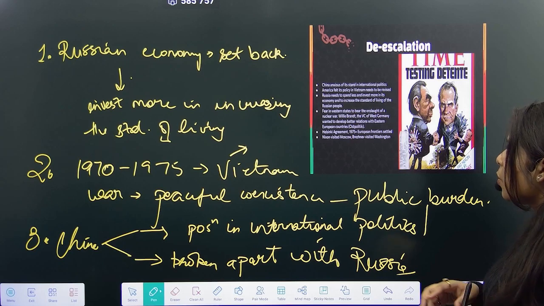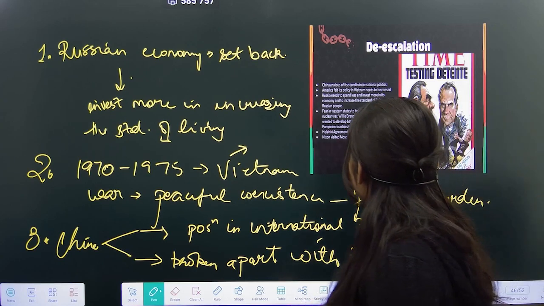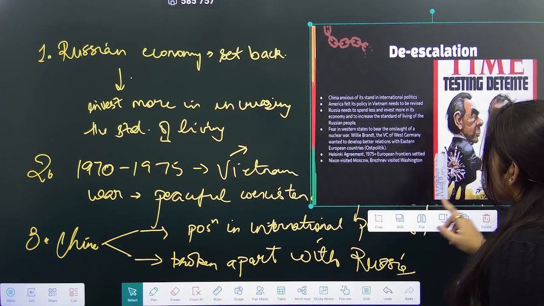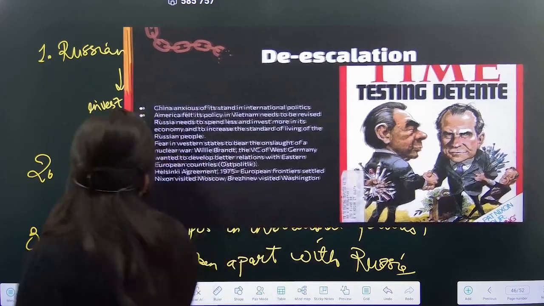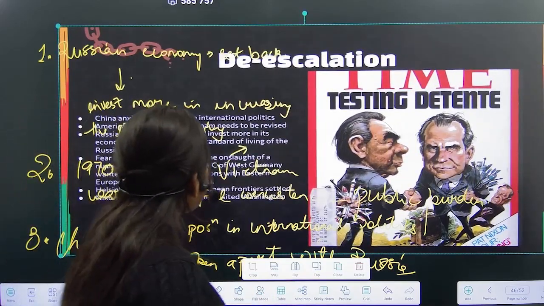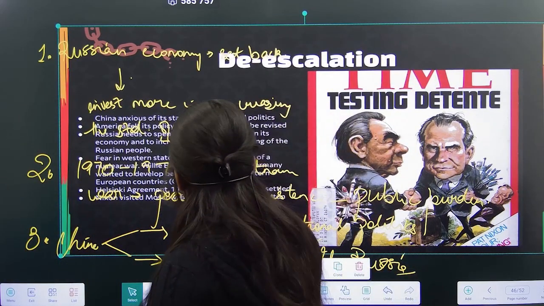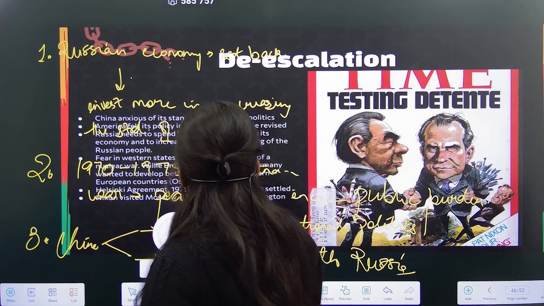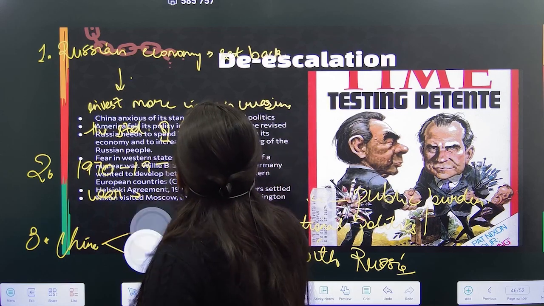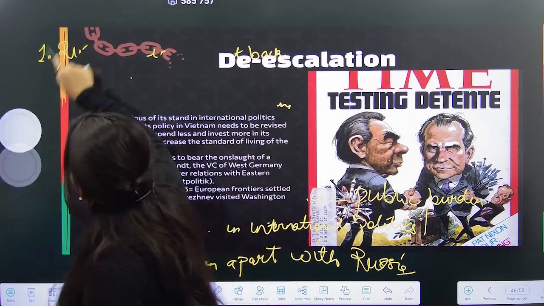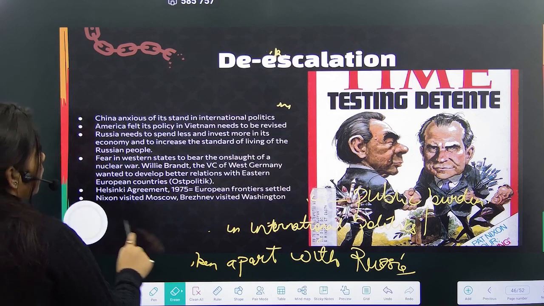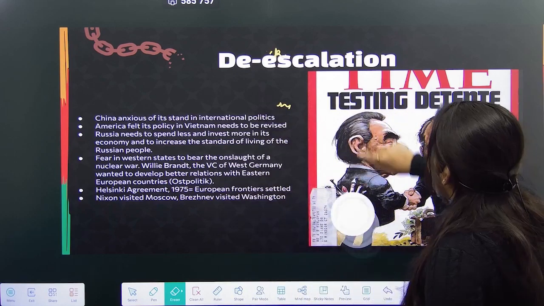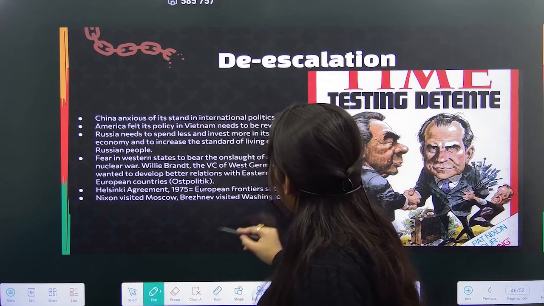As a matter of fact, Willy Brandt, who was the vice chancellor of West Germany then, said that we need to develop better relations with East European countries. Let's try to develop friendly relations with East European countries. And this particular policy of his was called Ostpolitik.